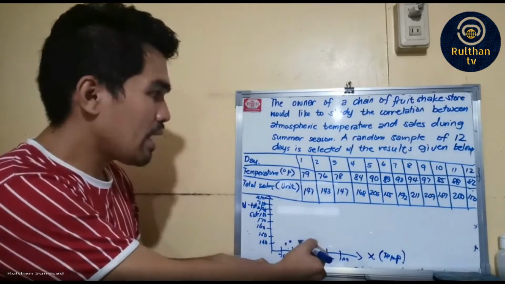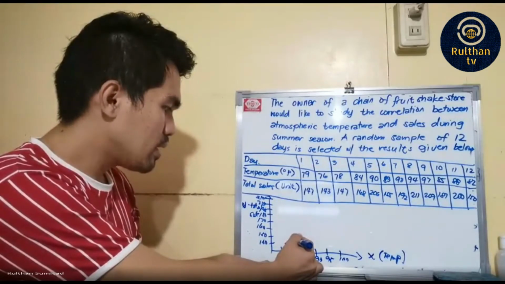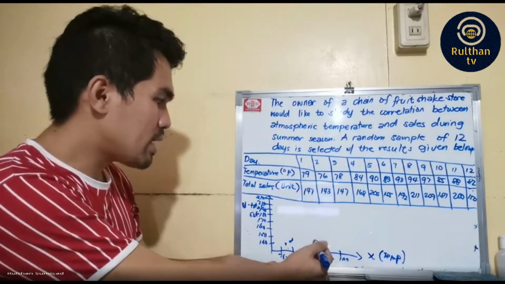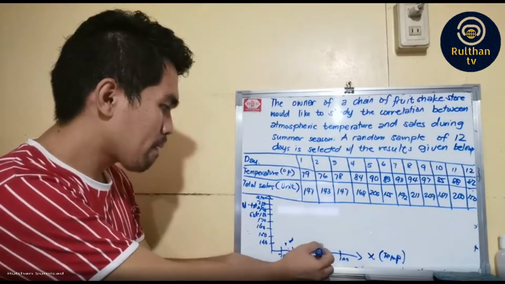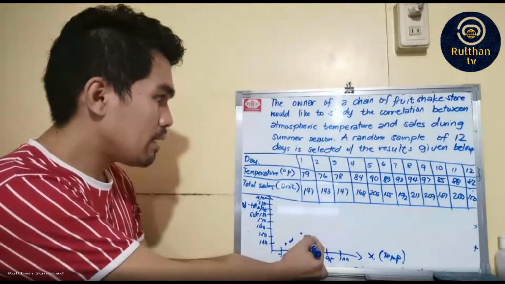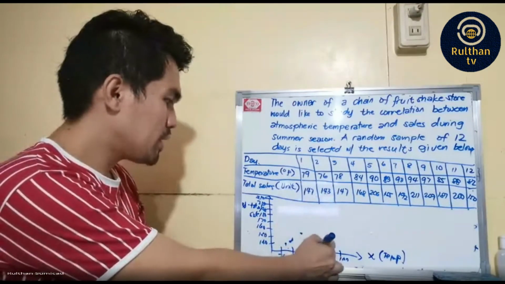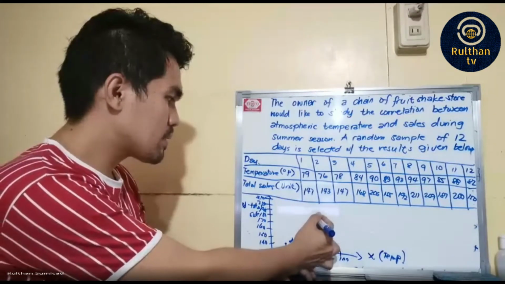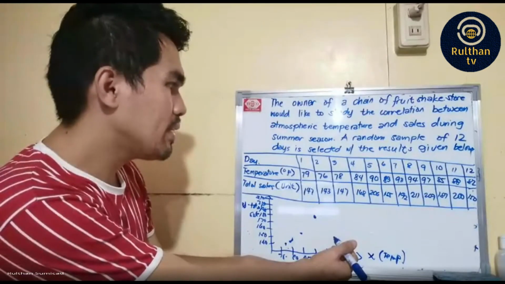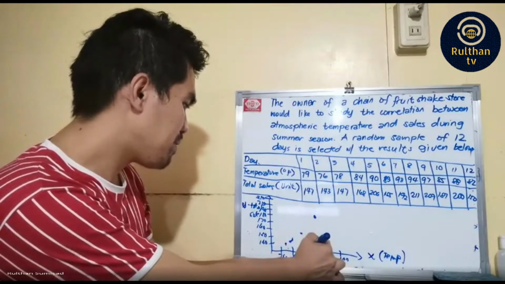Then 78, 147, very near. Then 84, 168, somewhere here. Then 90, 206, for example like that. Then 83 and the next sale value, somewhere here.